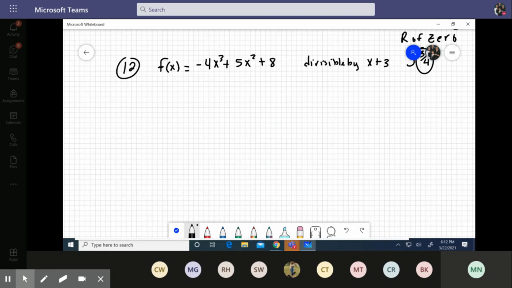If not, what's the remainder? So what am I going to plug in?